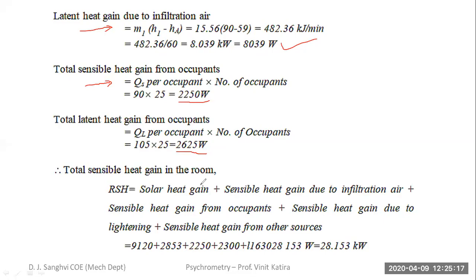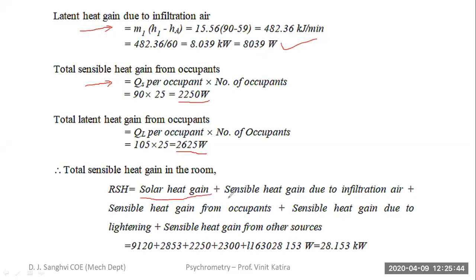So till here everyone is understanding? Yes, sir. Okay. Next we'll be finding the total sensible heat gain inside the room. Now the question has given so many heats, so you will have to identify which one comes under the category of sensible heat. Solar heat gain is sensible heat gain.